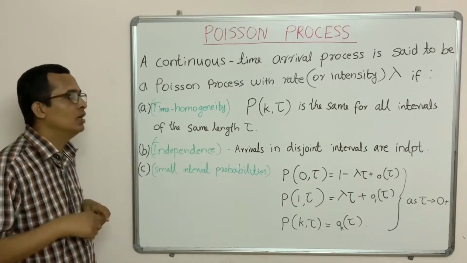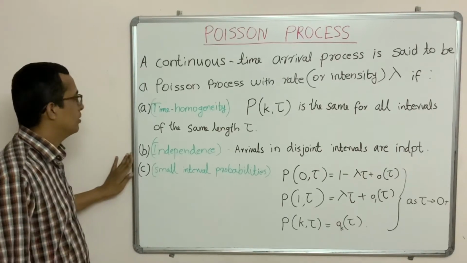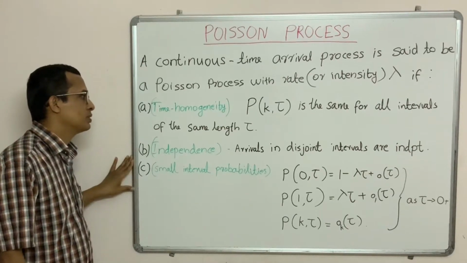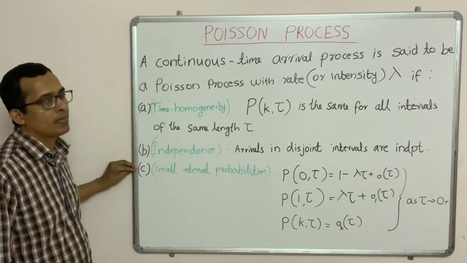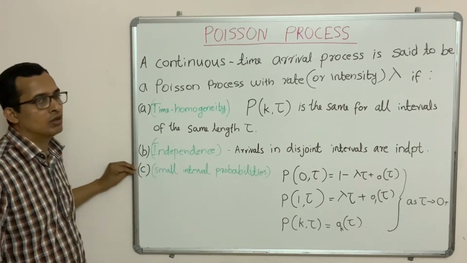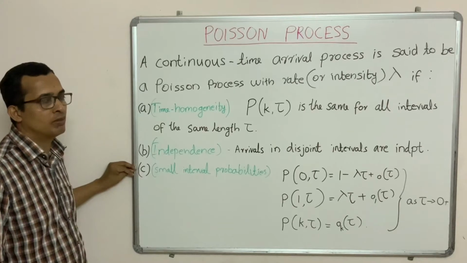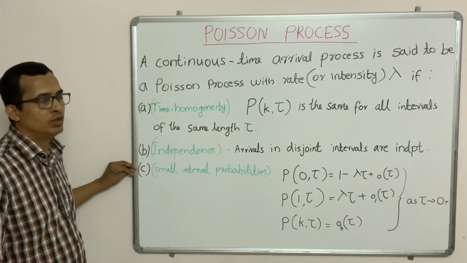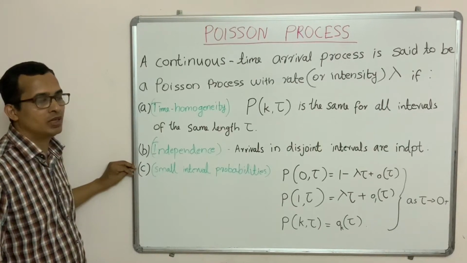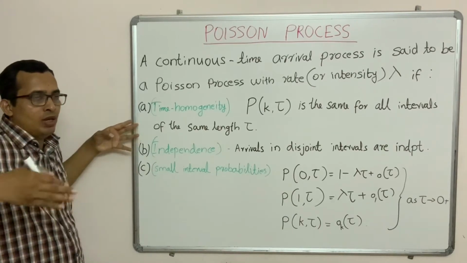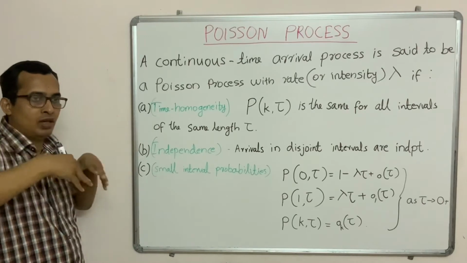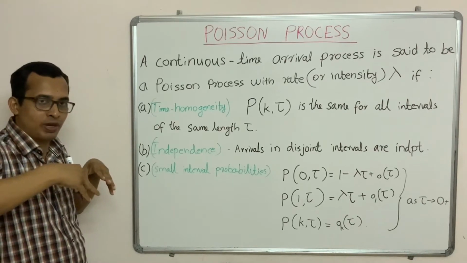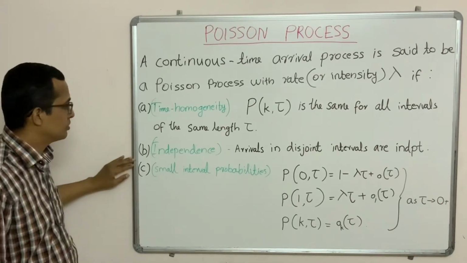So arrivals in disjoint time intervals are independent. This corresponds to the independence assumption of the Bernoulli process in the discrete time case. Each x1 is independent of x2, x2 is independent of x3; the whole family x1, x2, x3 and so on is mutually independent. So this is the analogous assumption here.